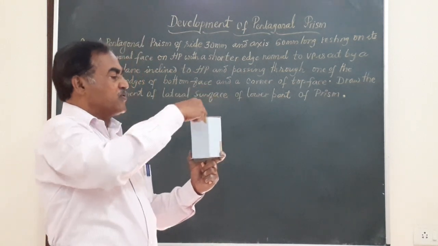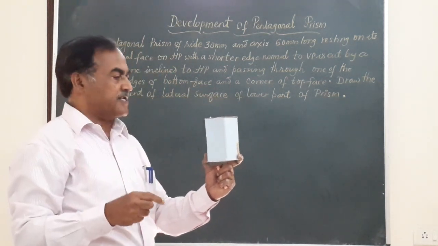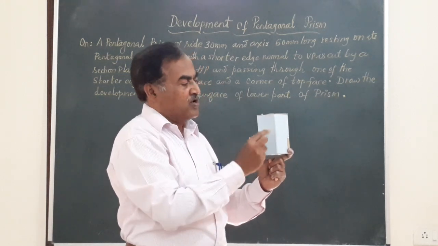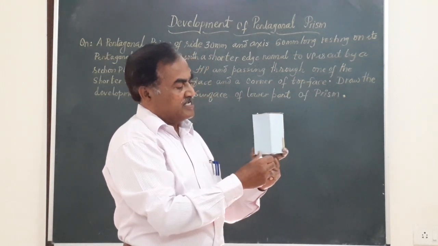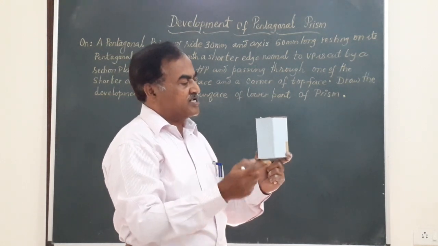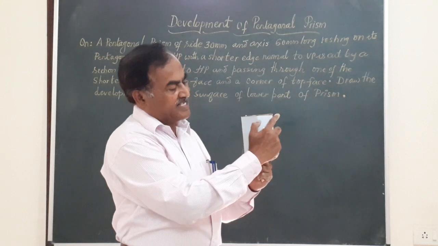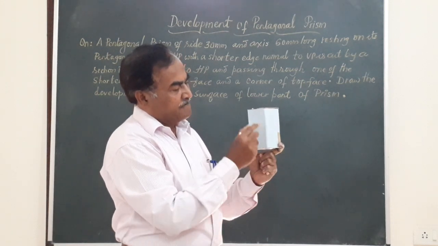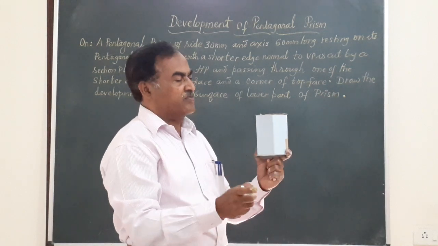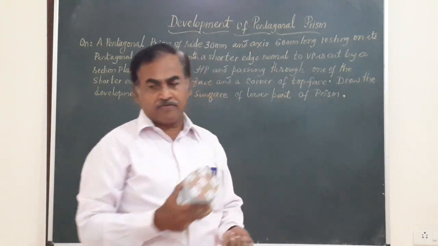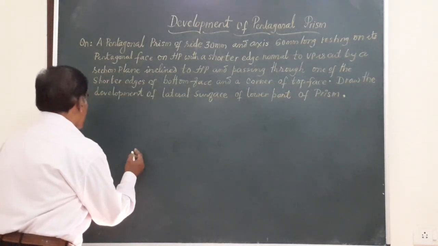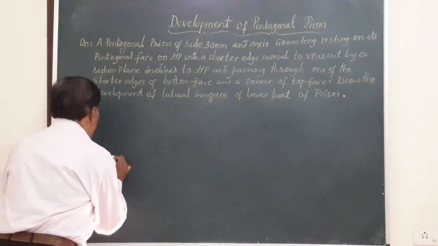So in the top view, if you observe in this position, it is seen as a regular pentagon, and in the front view you can see this rectangle and these 2 rectangles. Or in other words, you will be seeing the top face as a line, bottom face as a line, and 3 vertical edges. The longer edges also you will be able to see. So let me start the problem by drawing the top view of the prism to the given condition.